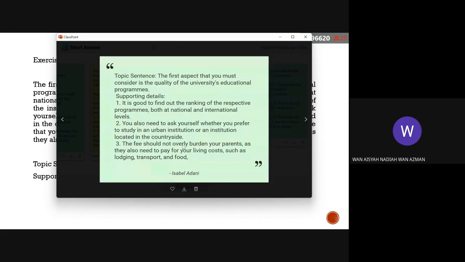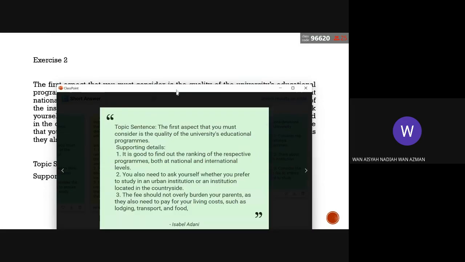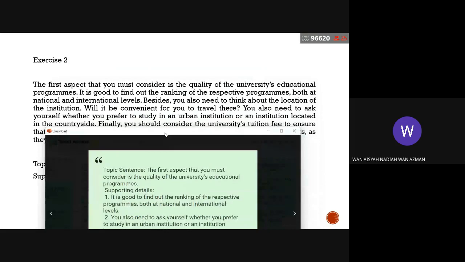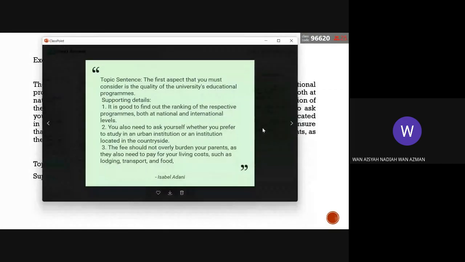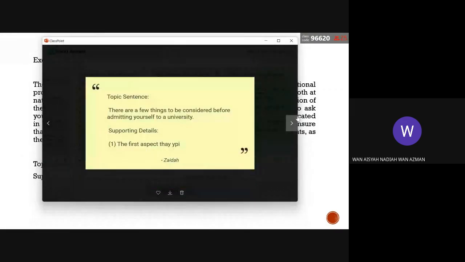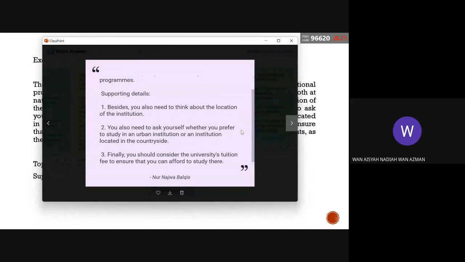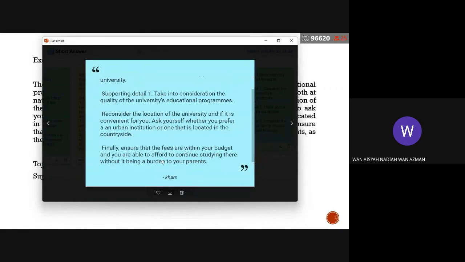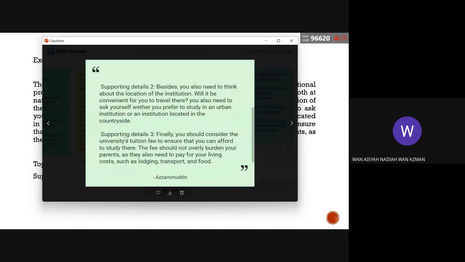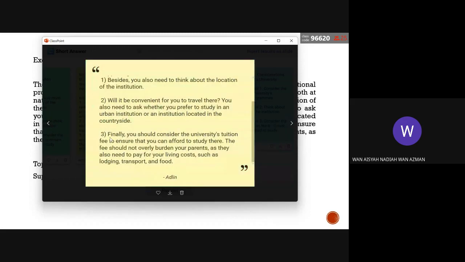For the third supporting detail, okay, Isabel, the third supporting detail should start from here. You should consider the university's tuition fee. Okay, very good.